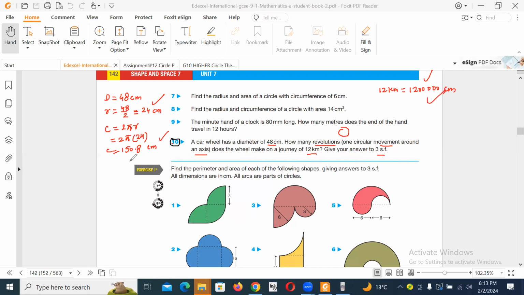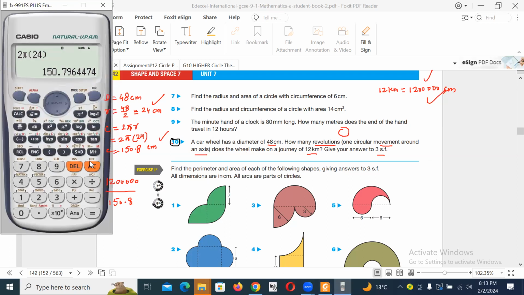We have the total distance, 1,200,000 centimeter. Divide by 150.8.